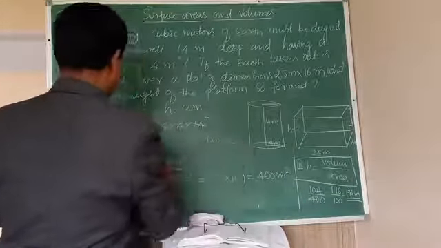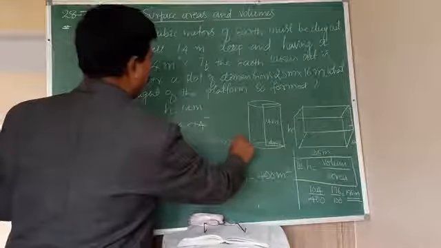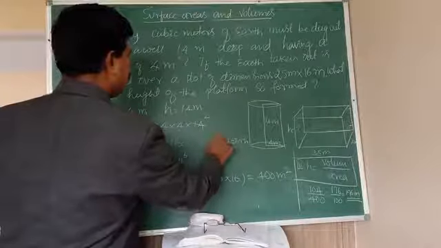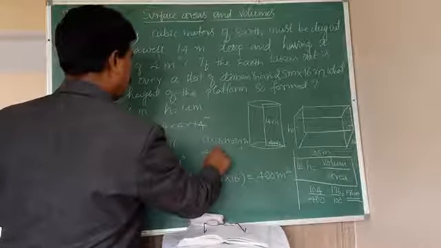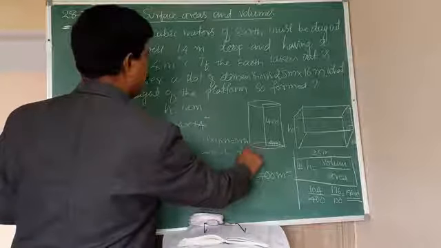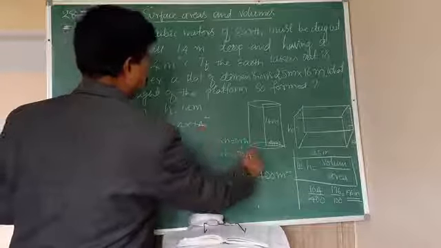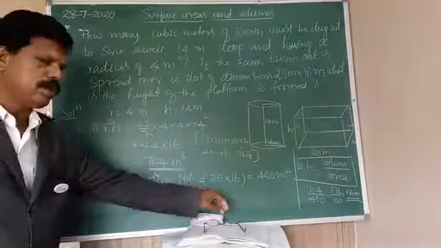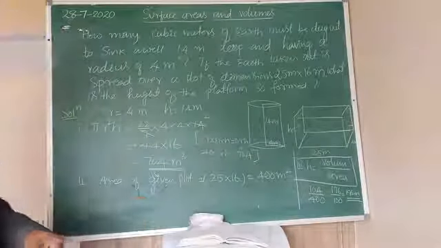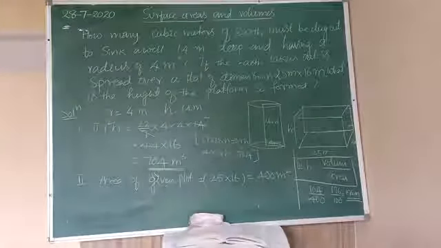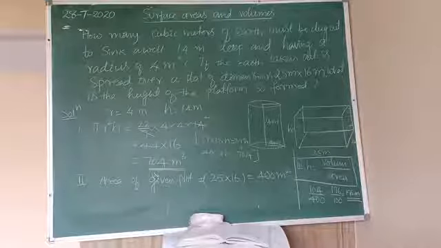That is equal to this one, pi R square H. So, length into breadth is given, 400 into H is equal to 704. You can use like this also. You will get the same answer. Understood? So, this is what the volume of the earth. The same problem is there in your textbook also. You should go through that. Clear?